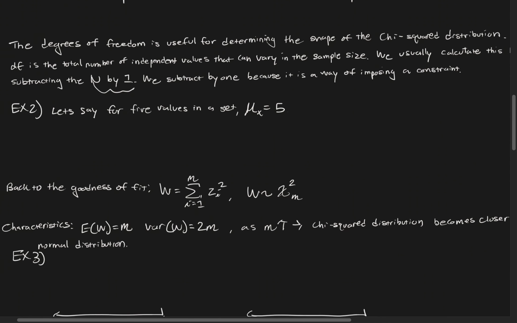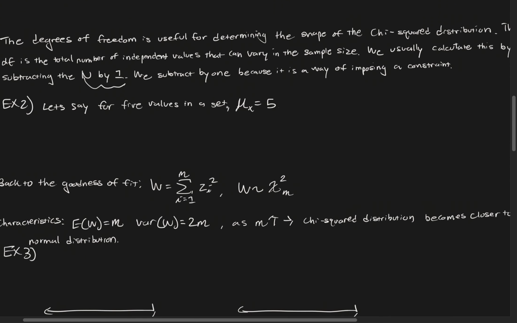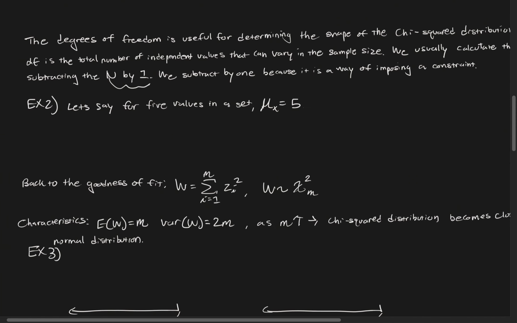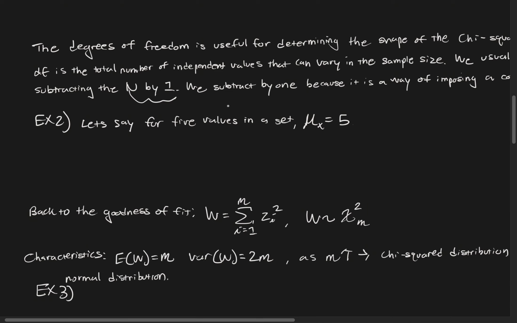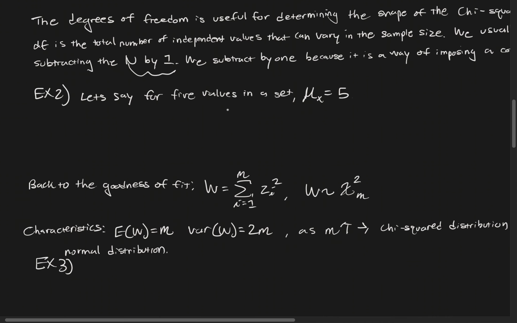And the reason why we're subtracting is that it is a way of imposing a constraint. What that means is when we're utilizing more independent unknown variables that can vary, then we're setting more constraints on our data set. This is kind of hard to explain, so I will give an example.